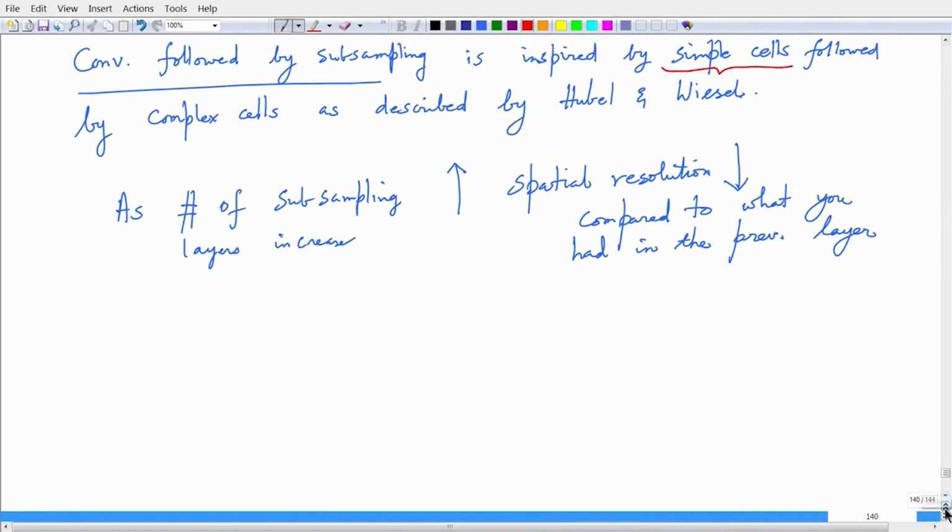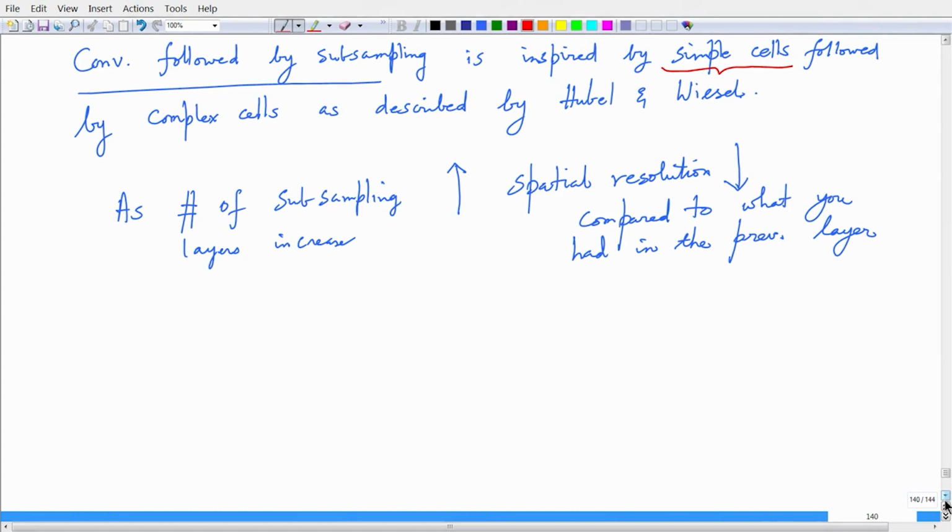And this idea of convolution followed by subsampling is neurobiologically inspired, because as I mentioned in the very beginning of this lecture, we want to construct a neural network architecture that is inspired by the original work of Hubel and Wiesel, that characterized simple cells and complex cells.